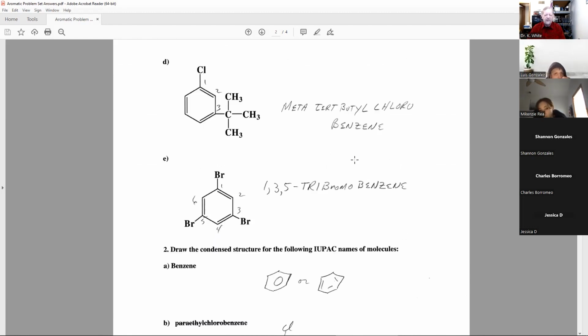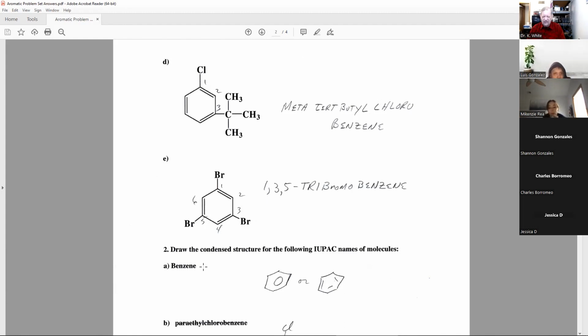Now, when there are more than 2 groups on a benzene ring, you use numbers. You number it in such a way that the substituents get the lowest number. And here, if you notice, I have not 1, not 2, but 3 bromine on a ring. Remember, 2 is di, 3 is tri. You know something?